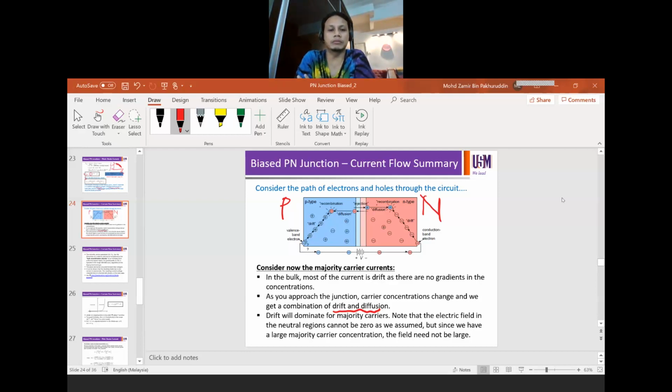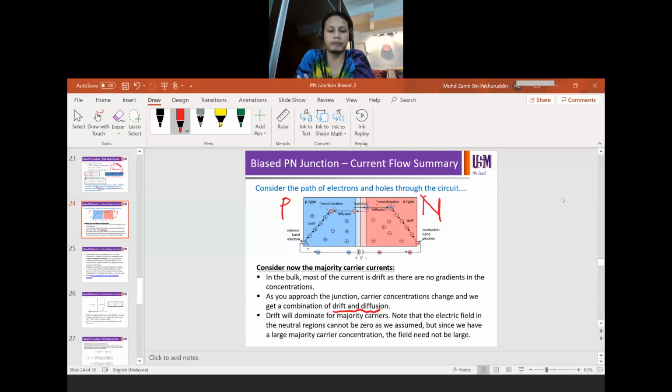So do we have electric field in the junction? We have, right? So do we have electric field in the quasi-neutral region? No, right? So we don't have electric field in the quasi-neutral region, but we do have electric field near the junction or within depletion region, right?